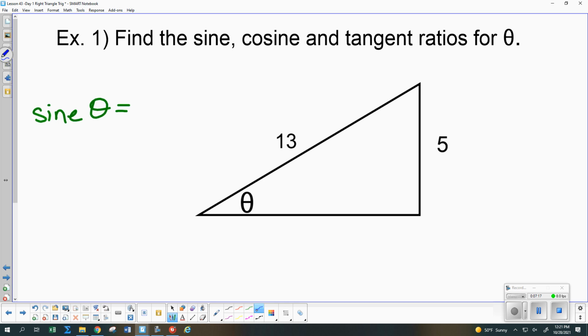And I need to figure out the cosine of theta. And I will need to also get the tangent for theta because that's what the directions say I need to find. So they've given me the triangle.